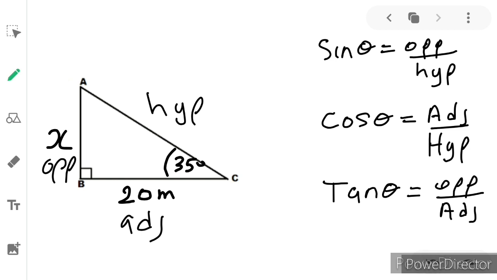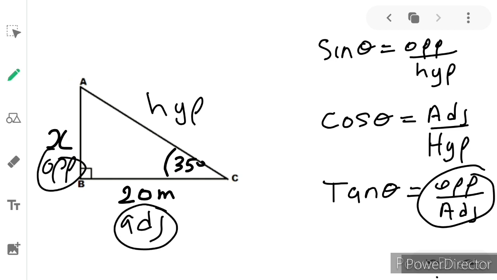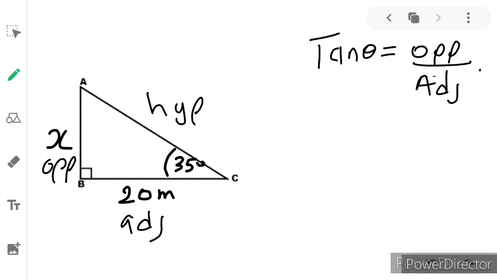So we have to look through these three ratios and see which one has the opposite and the adjacent. And we can see that tan has the opposite and the adjacent. So the ratio that we will have to use is tan, because it has the opposite and the adjacent inside, and those are the two things that we were given. So we have tan theta is equal to opposite over adjacent, and we just fill in these things.